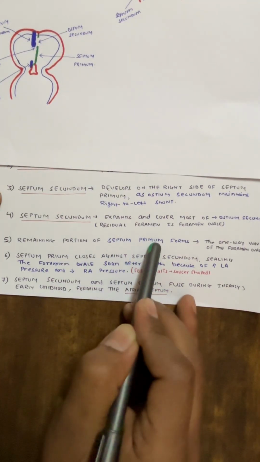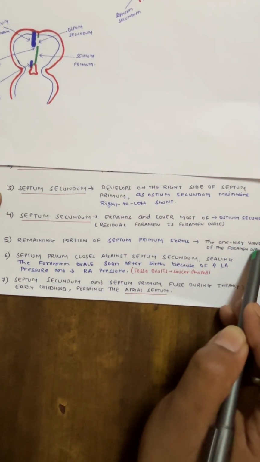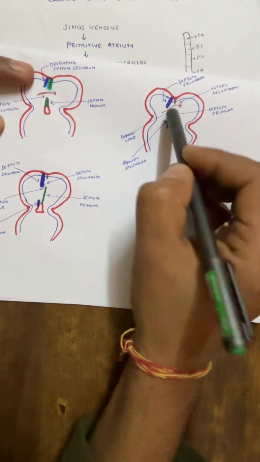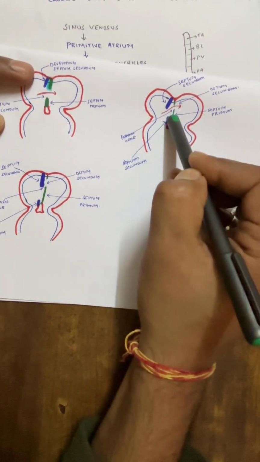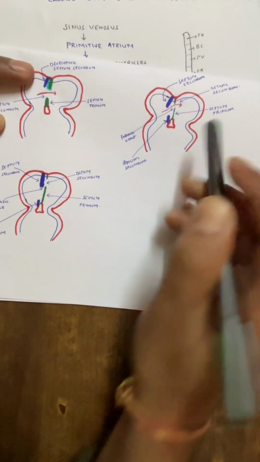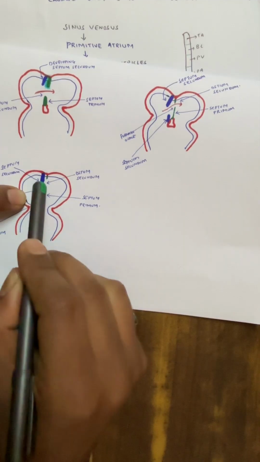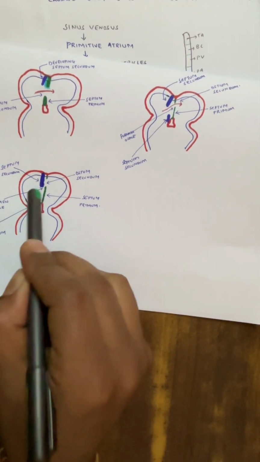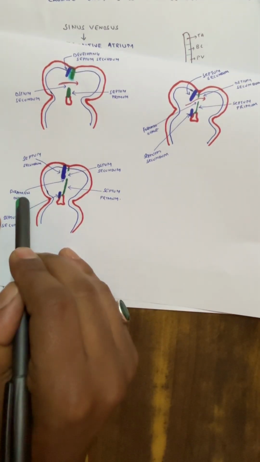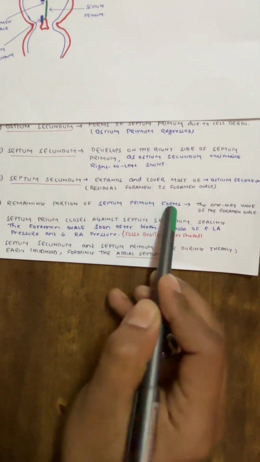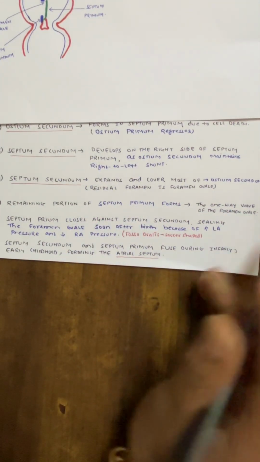Now the remaining portion of septum primum forms the one-way valve of the foramen ovale. Between this septum primum and this septum secundum an opening is present, which is called the foramen ovale. It's written here that the remaining portion of septum primum forms the one-way valve called the foramen ovale.